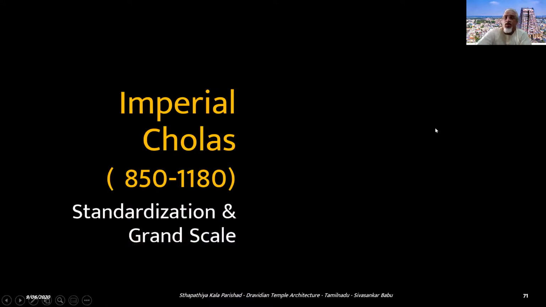Now, the next phase is by the imperial Cholas, who started getting control in 850, and then they continued up to 1180. During their period, the goal was standardizing all the components, and they built the small temples which were there to a grand scale.